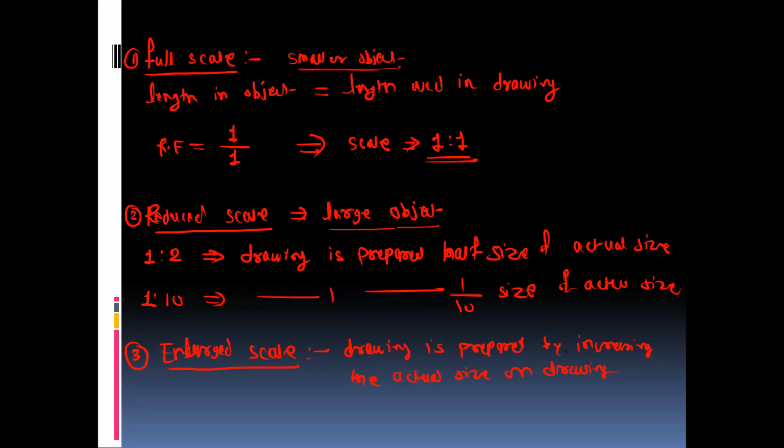That means the length represented on the drawing sheet is greater than the actual length of the object. So we use enlarged scale for the very small objects. Generally it is used for the machine parts. Suppose it is a screw or some washers, etc. So how we represent the enlarged scale?